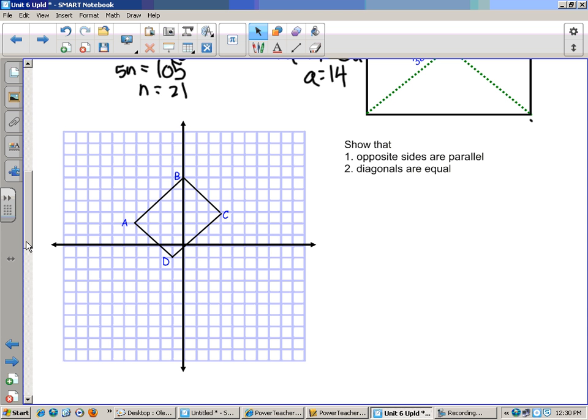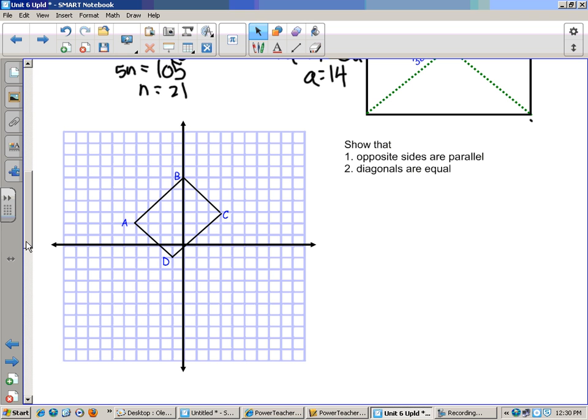So the first thing you have to do always for all these shapes is prove first that it's a parallelogram. Remember, opposite sides are congruent, opposite sides are parallel, diagonals bisect each other. You have to prove first that this shape is a parallelogram. Then we can prove it's a rectangle. Okay, so if I want to prove first that it's a parallelogram, for me slope is easier.